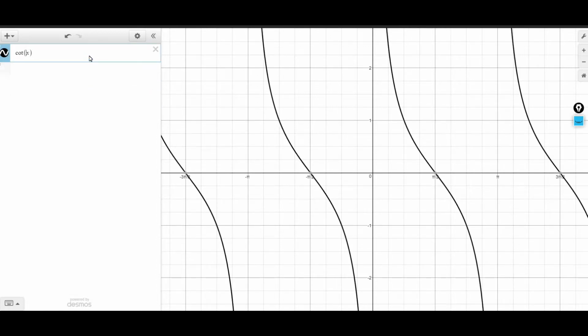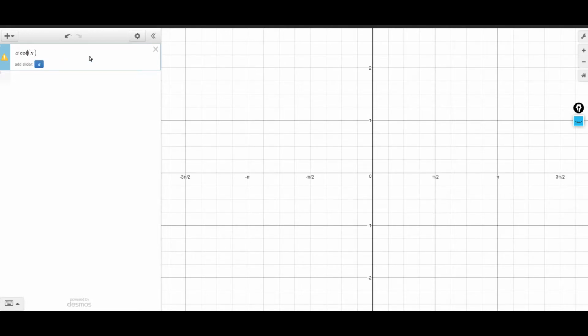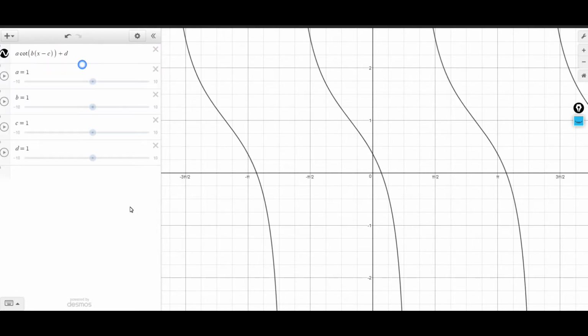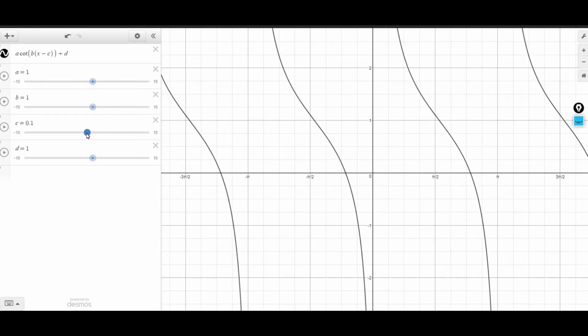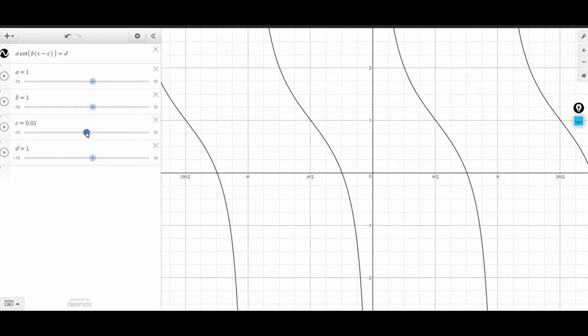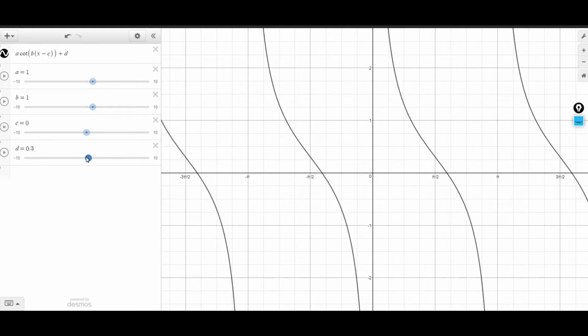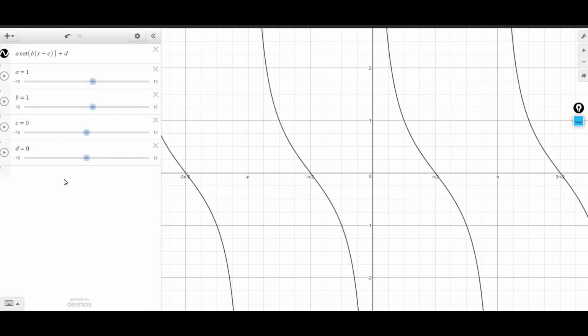So let's again add in the parameters. So let's add in a, b times x minus c, plus d. Okay, I'm going to put sliders in for all of these. And let's put these to 0, because that's where we start off, with no shift in vertical or horizontal direction. This is our graph. And then let me see, x equals 0.